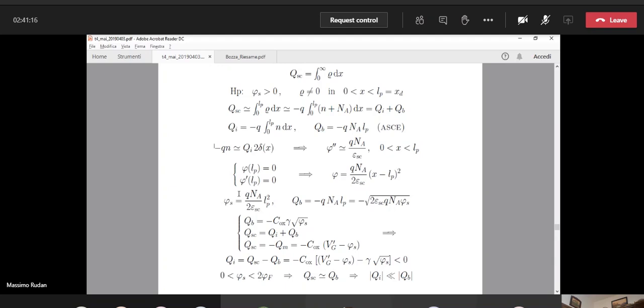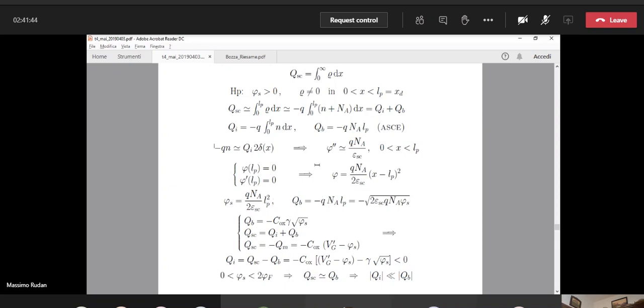So phi s is proportional to the square of LP. Remember, LP is not given. LP is something that depends on the applied voltage, of course, okay? It's like the extension of the depleted region in a PN junction. You remember, it depends on the voltage, okay? But yet we are building up useful relations.